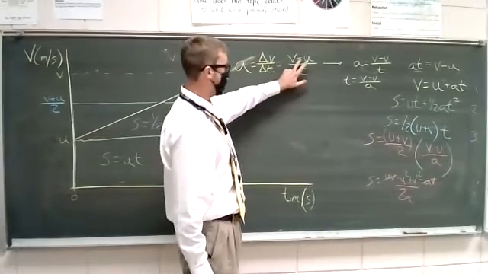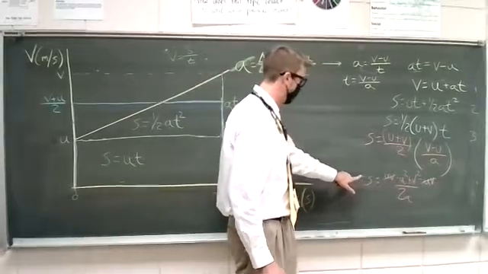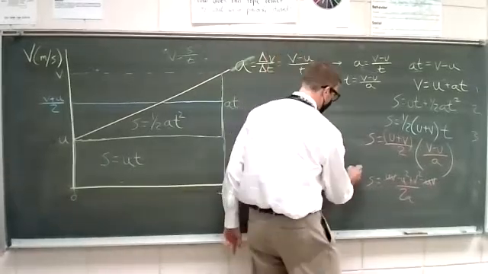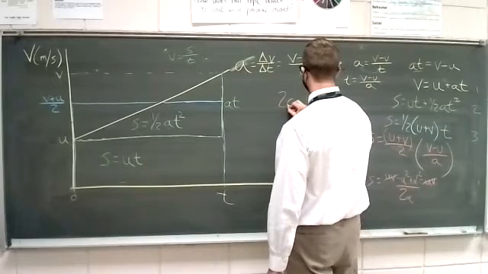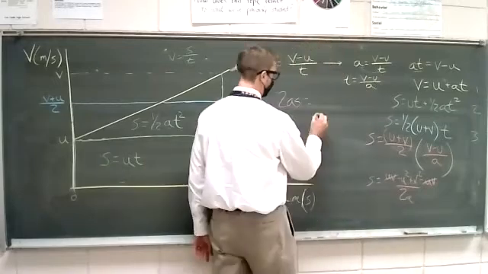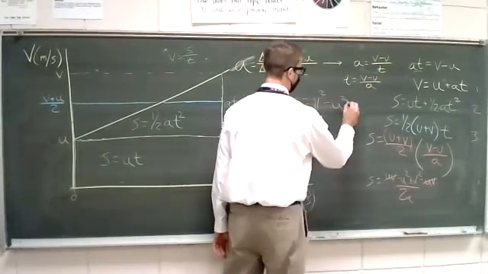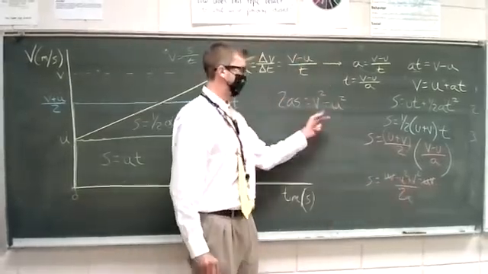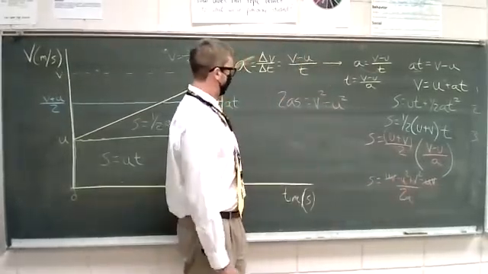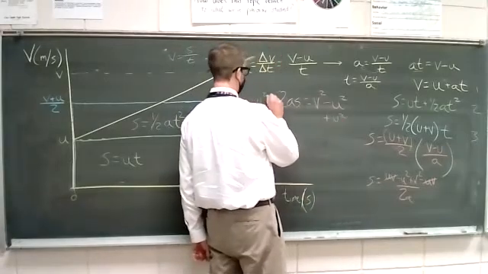The same thing we did up here. We got rid of fractions, we got rid of negative signs. We want to do the same with this one. So if I multiply both sides by 2a, this becomes 2aS equal to, I'm going to rewrite this like this, v squared minus u squared. This term is negative, this term is positive, it doesn't matter where you add them. Then get rid of the negative sign by adding u squared to both sides.